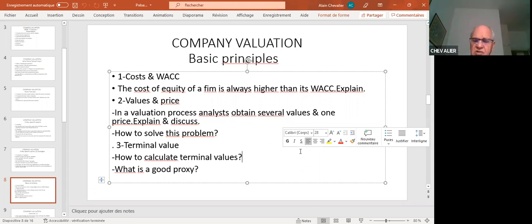And remember also that in normal times, when you have good arbitrage on the markets, short-term interest rates are always lower than medium-term and long-term interest rates.